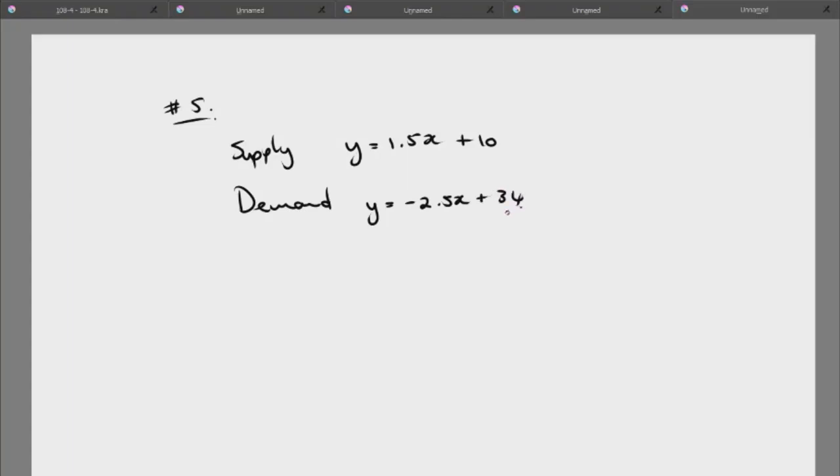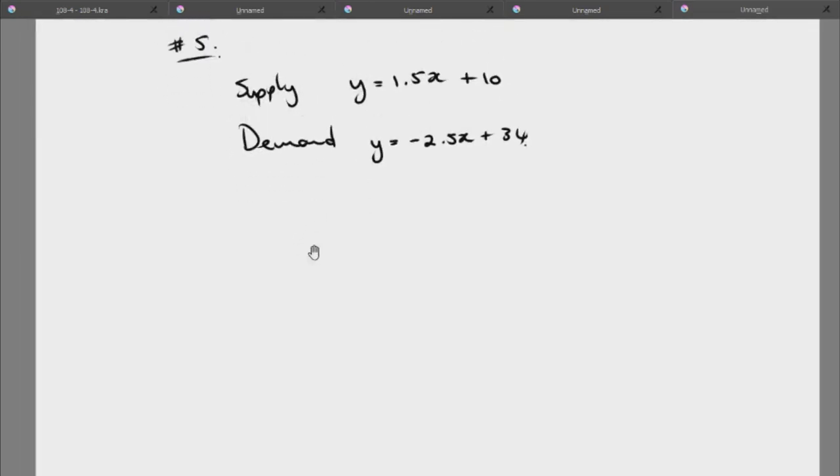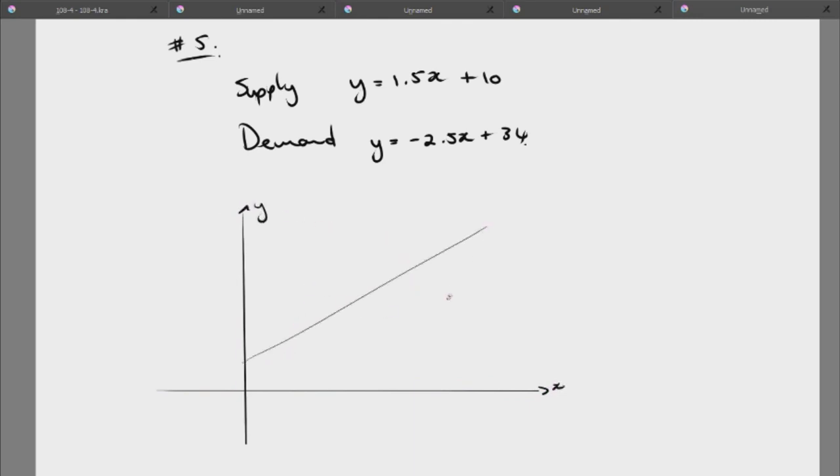So just in case you've never thought about supply and demand, this is often something where straight lines can be used very nicely. I'm going to do a very rough graph because we don't really need more. The supply is going to look something like that. Supply. The demand has a negative slope, which means it sits something like that.